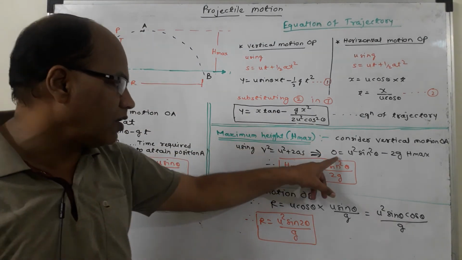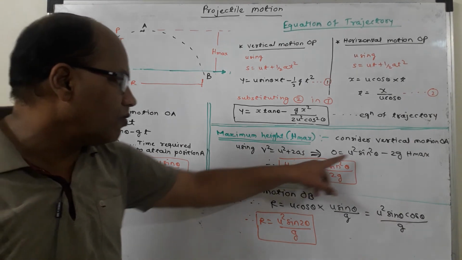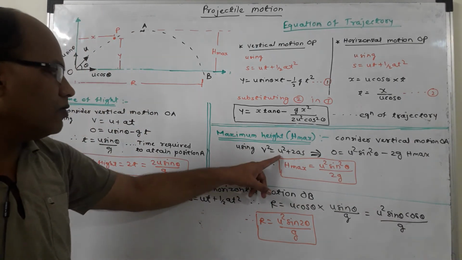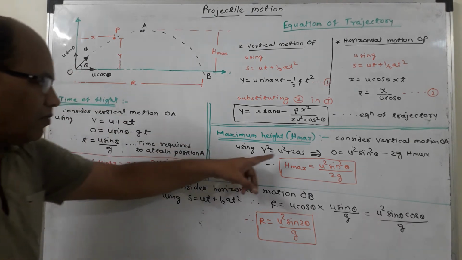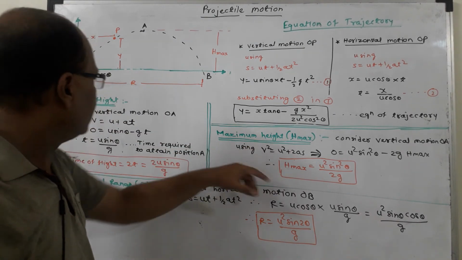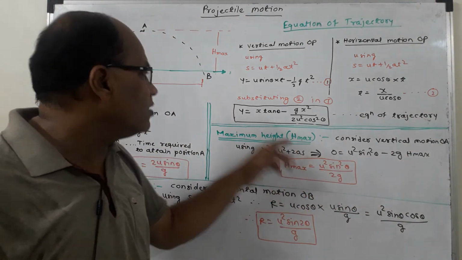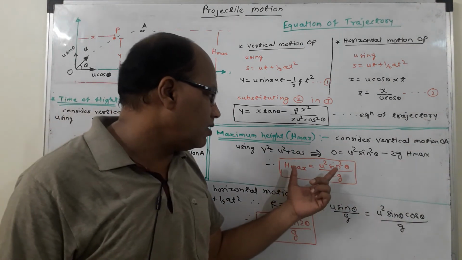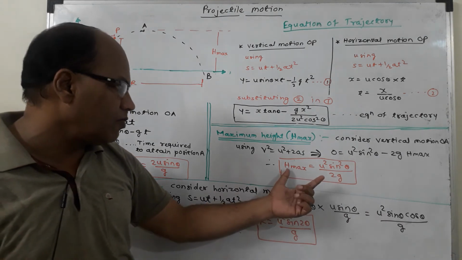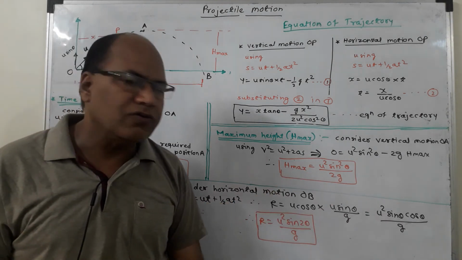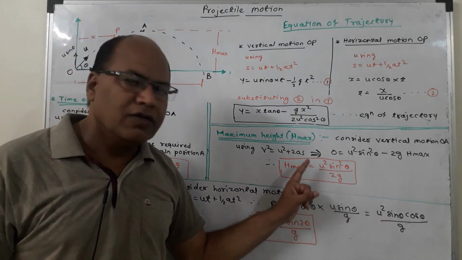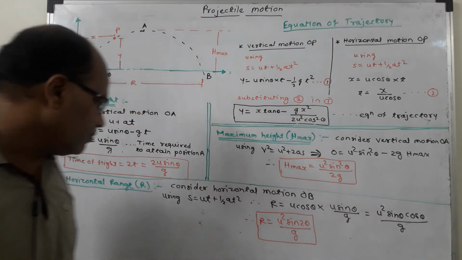So instead of v square, it will be 0, equal to u square sin square theta minus 2g into s, where the initial vertical velocity is u sin theta. S is nothing but h max, and this equation gives the formula h max is equal to u square sin square theta upon 2g. So it is the formula for maximum height.